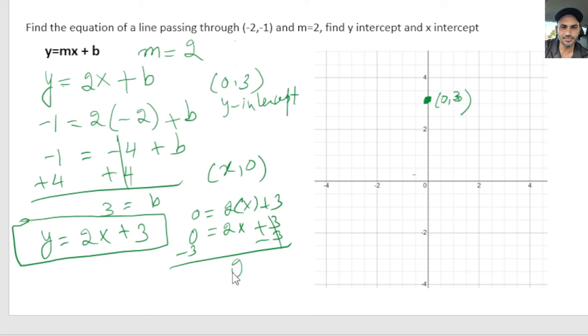So we have 2x equals negative 3. And then you divide by 2. So your x equals negative 1.5.